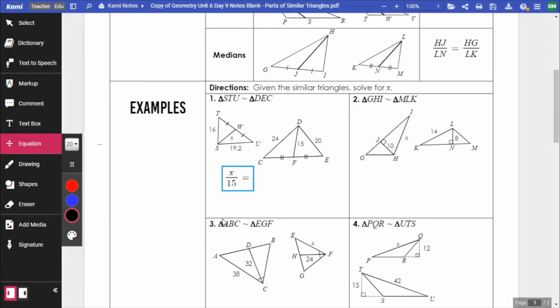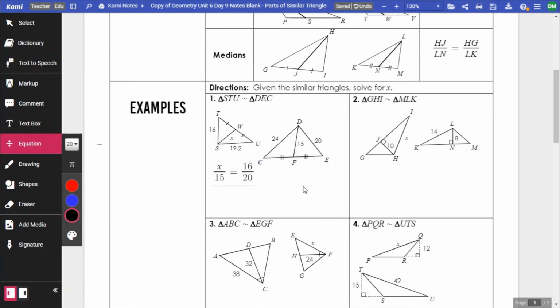And then we just need to pick two corresponding sides. So let's see, I've got TS here, which should line up with ED. So TS is 16 and ED is 20. And the reason that I know those two are the corresponding parts is from this similarity statement, STDE. They're the first two letters of each of these triangles.